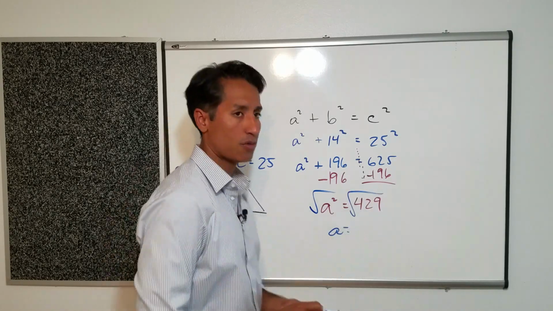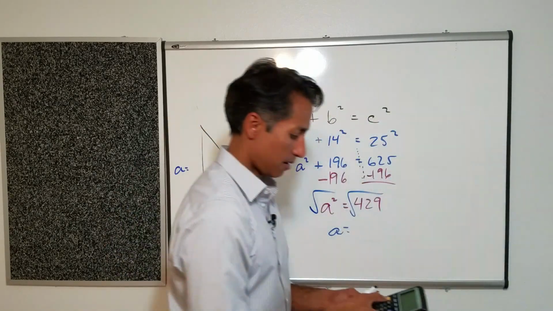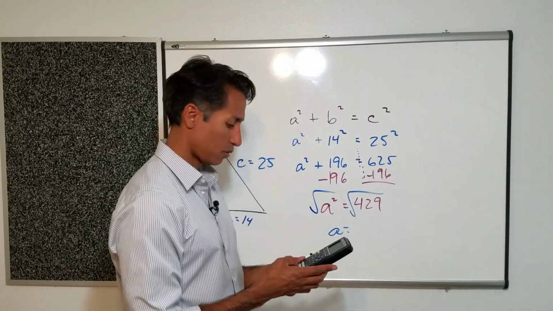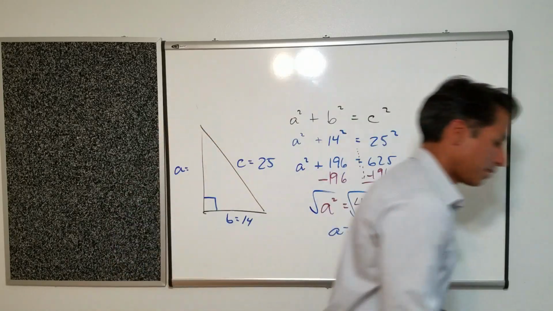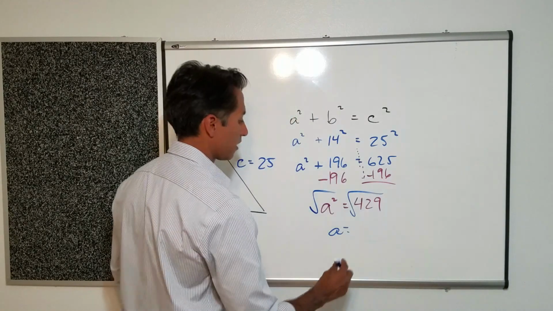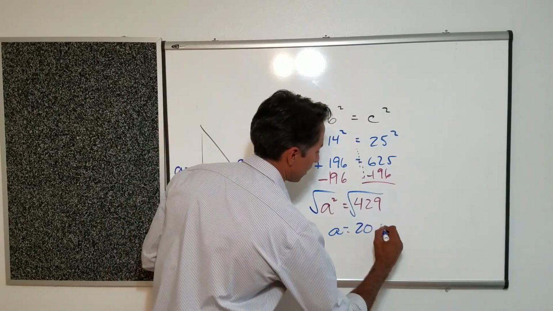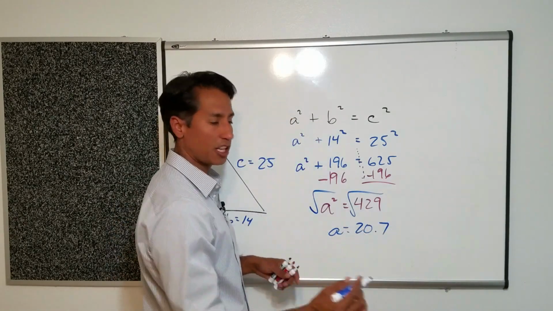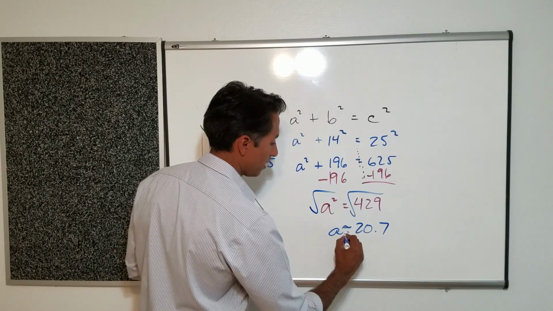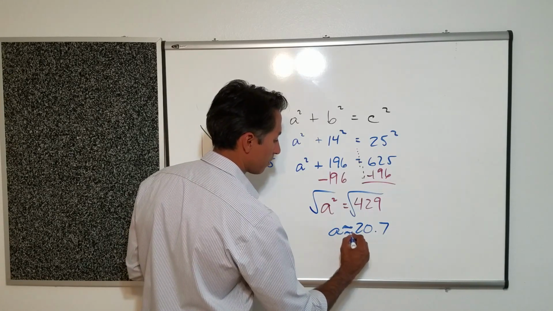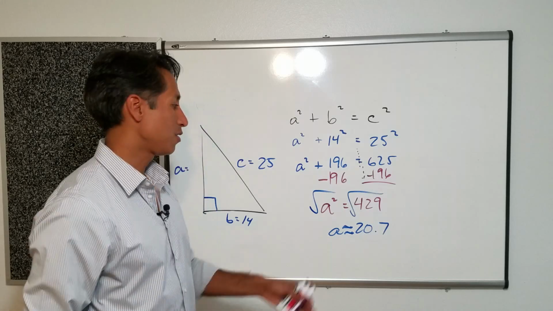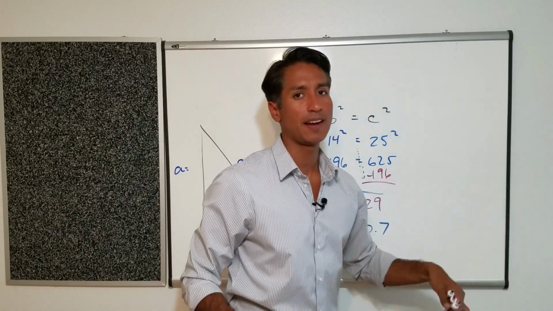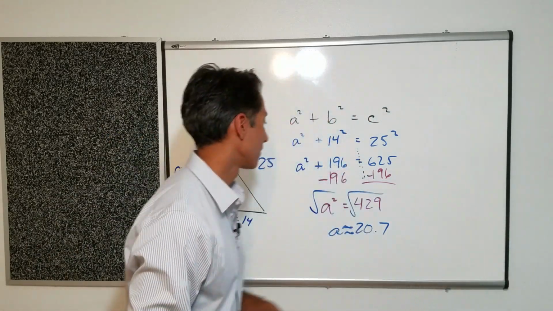So A equals, I don't know, that's just a big number. 429, 20.7, blah, dot, dot, dot, and it just keeps going. So I'll just say 20.7, and I'm gonna change my equal sign to a squiggly equal, which means that it's approximate, not an exact value, because there are a bunch of numbers back there, but we don't need them.